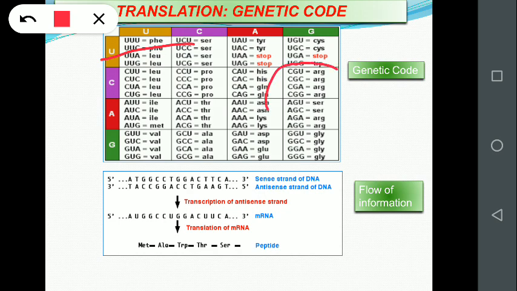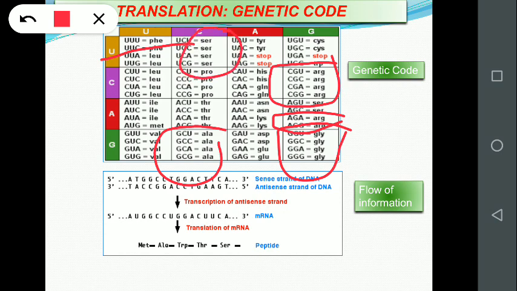There are so many examples like this. Take arginine: you have 4 codons here that code for arginine, and 2 more codons here, so in total 6 codons code for the same amino acid. In the case of glycine we have 4 codons, for alanine 4, for serine 4, and for leucine 6.